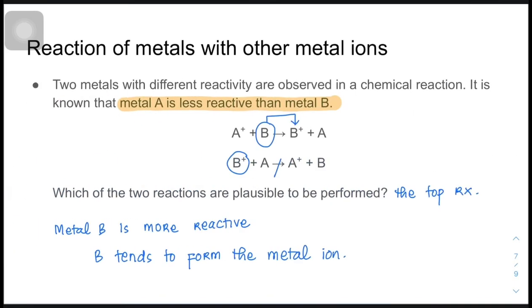So when the reaction occurs, if we refer back to the previous question, we know that we want the metal to be more reactive than the metal ion.